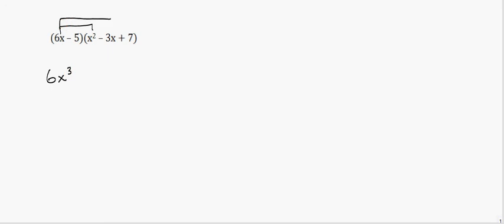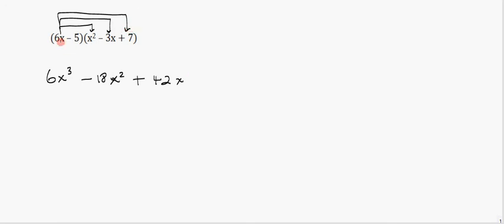And then I'm going to take 6x times a negative 3x. Be careful of the signs. 6x times a negative 3x is a negative 18x squared, because I've got x times x. And then the 6x times the 7. Well, 6x times 7, both positive, so it's going to be plus. 6 times 7 is 42x.